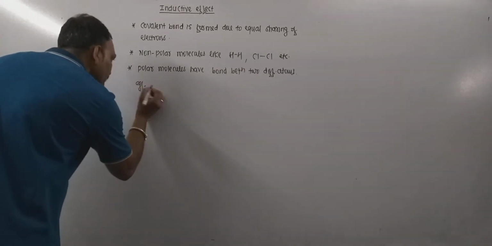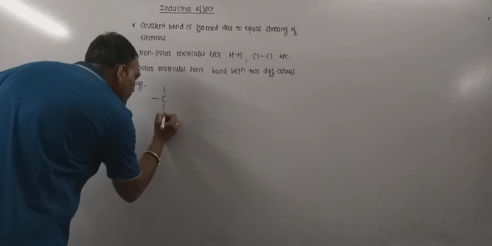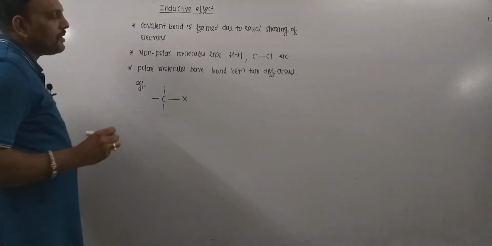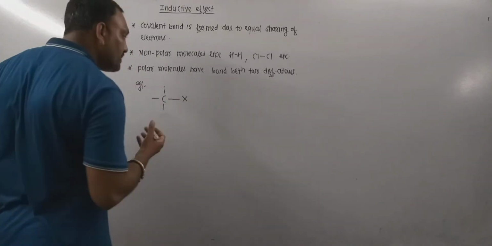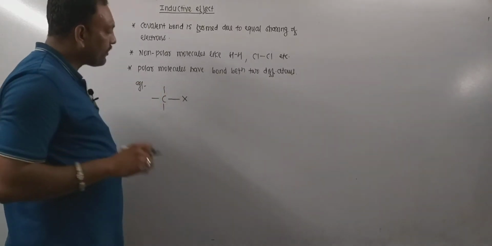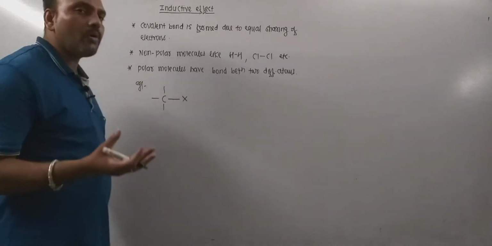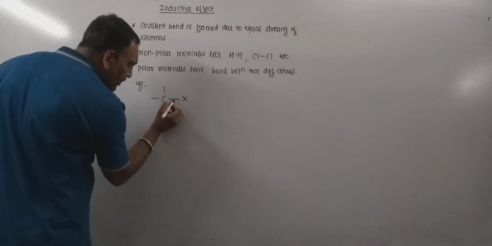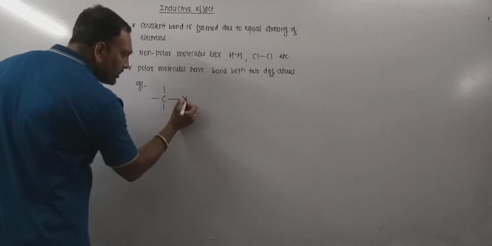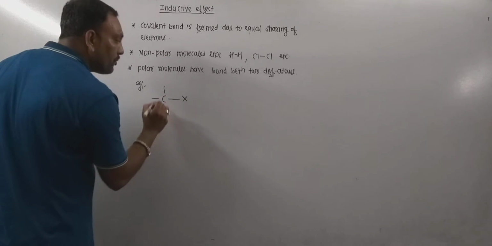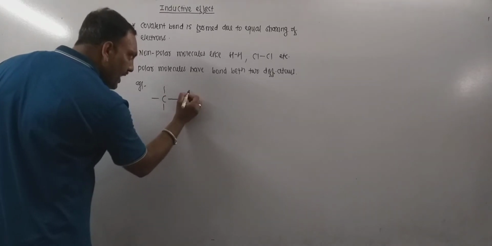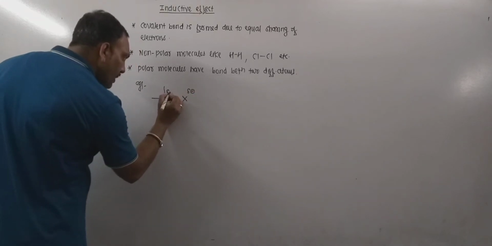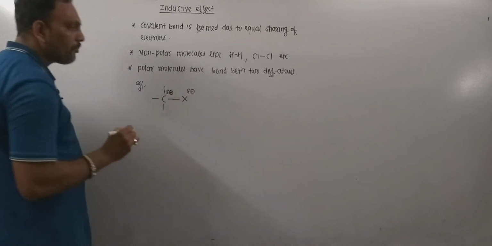For example, now consider a case like this. This is a carbon, and to this an atom like X is connected. Now we consider that X is more electronegative than carbon. And if so, then this shared pair ultimately gets attracted towards this electronegative atom, due to which X acquires a partial negative charge, and carbon prefers to acquire a partial positive charge.